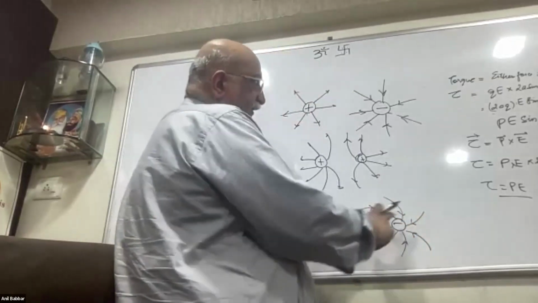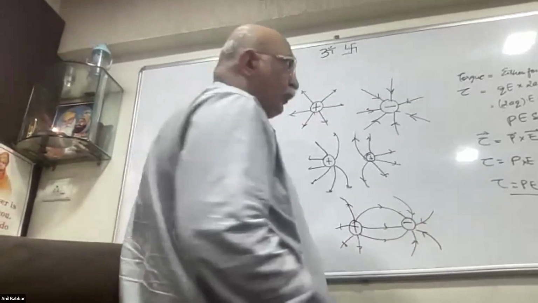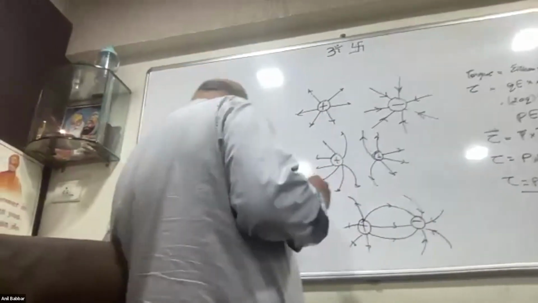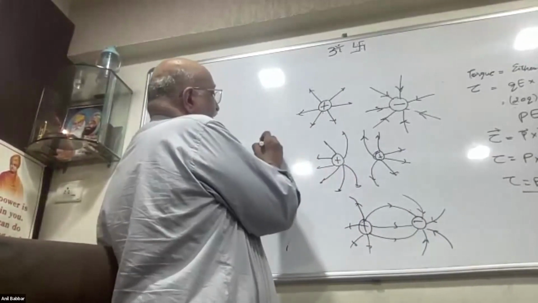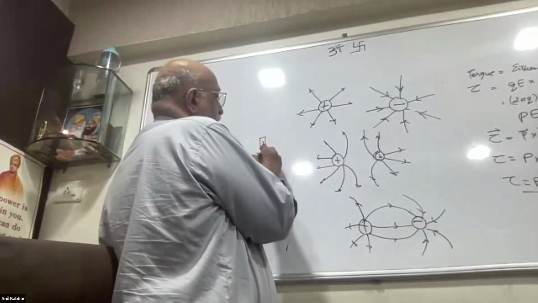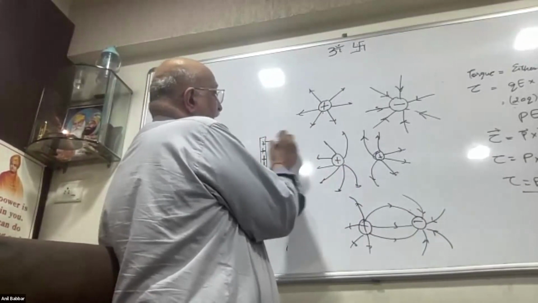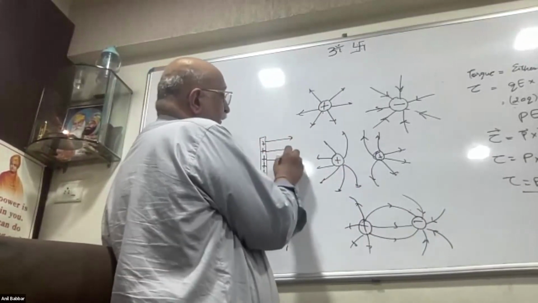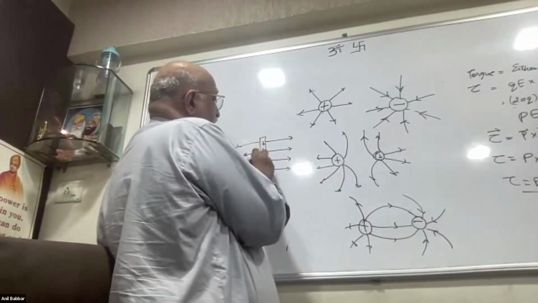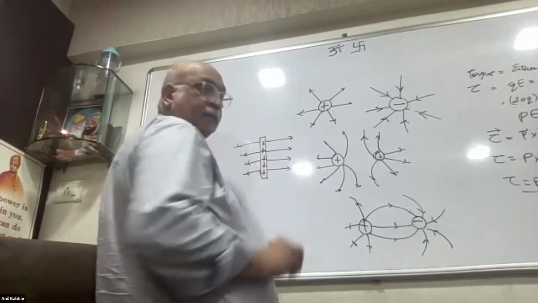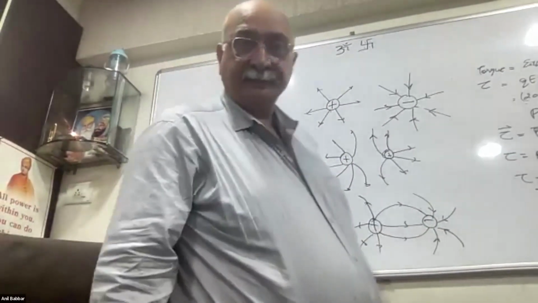When one charge is positive and the other is negative. Now, what if there is a positive plate? The electric field will move uniformly away from this plate. Right?